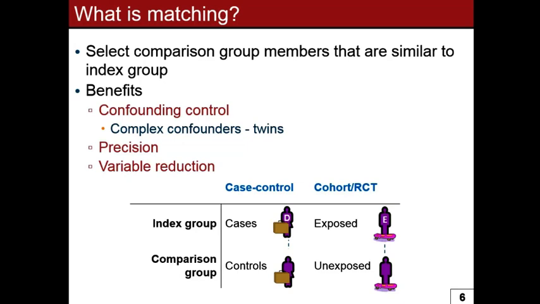And that might be possible, but when you have really complex confounders, like let's say twins or geography, or household, there's certain constructs that are really difficult, that are potentially very strong confounders, and you may want to deal with them very efficiently, and you might match based on those.